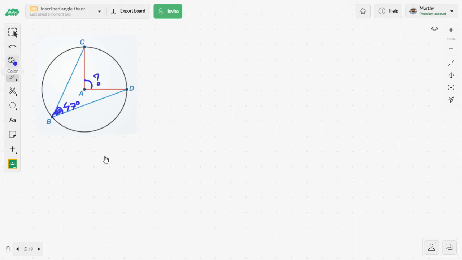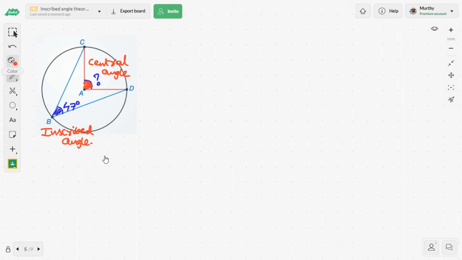Again, don't forget, you have to understand and remember this. The angle made by these two radii is the central angle. That's what is missing here, and you are asked to find. And the angle made by two chords on this circle is the inscribed angle.